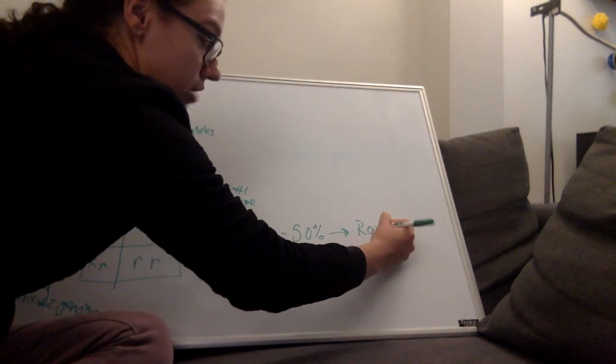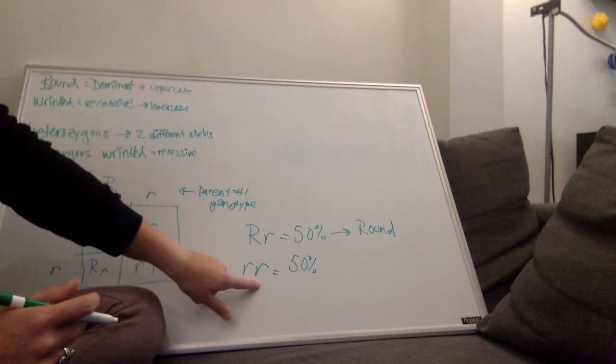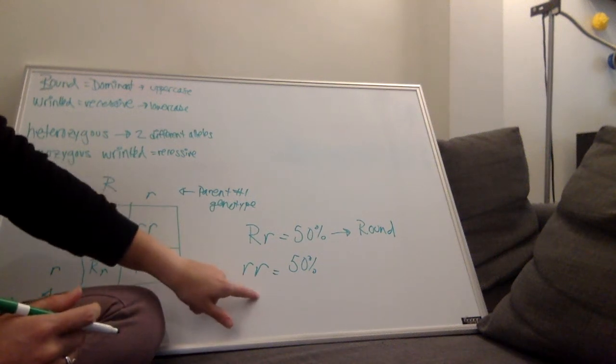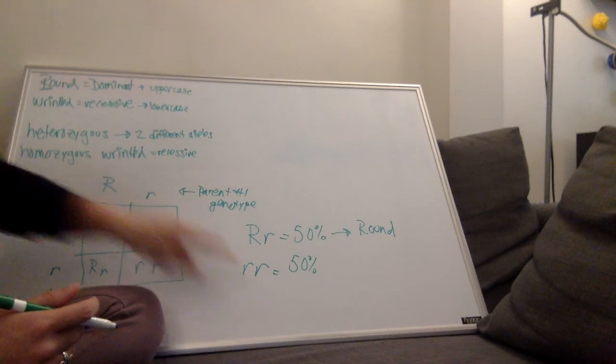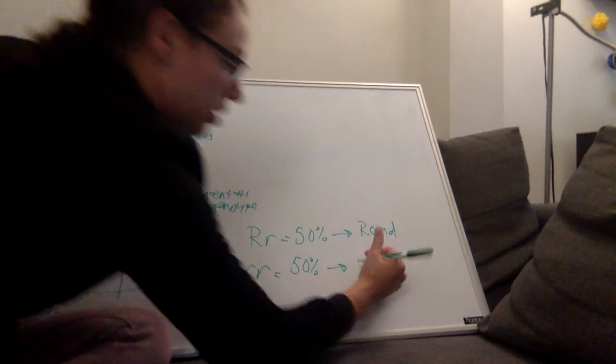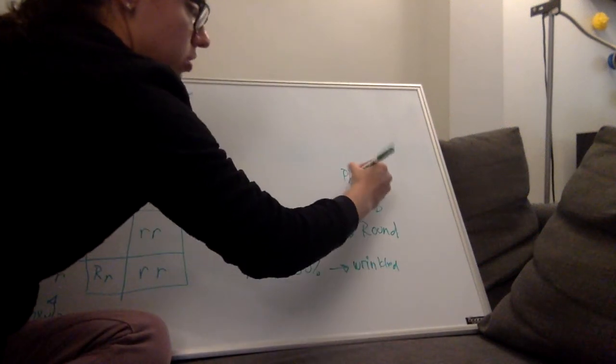So here, the phenotype is round. Here we have 2 little r's, so it has to be whatever this is. Little r is recessive. We said recessive was wrinkled, so these are going to look wrinkled. So this is our phenotype.